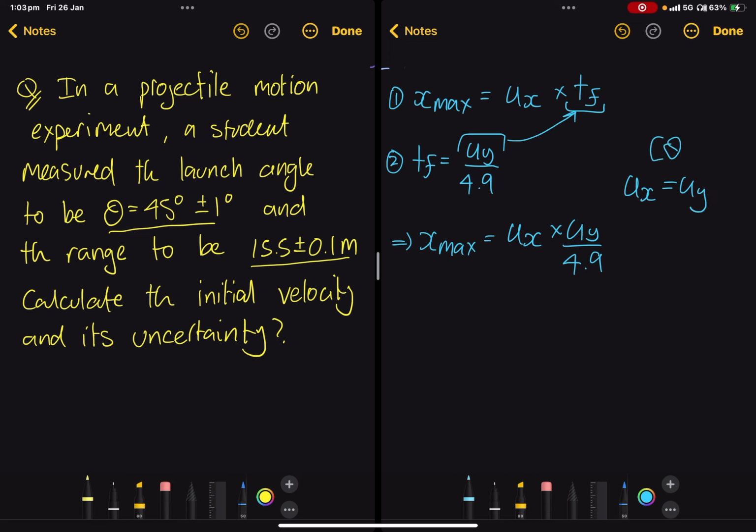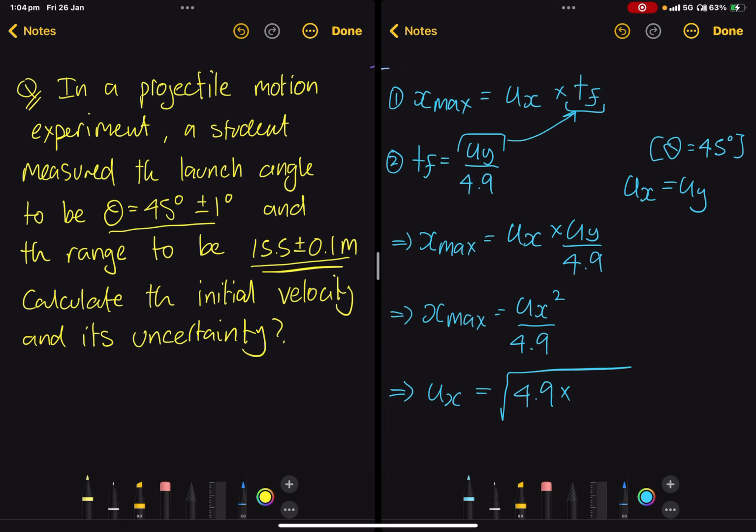This is the case where theta is 45. So this is our base case. So this means we actually have x max is equal to u of x squared on 4.9. This implies that u of x is equal to the square root of 4.9 times x max, which is 15.5.